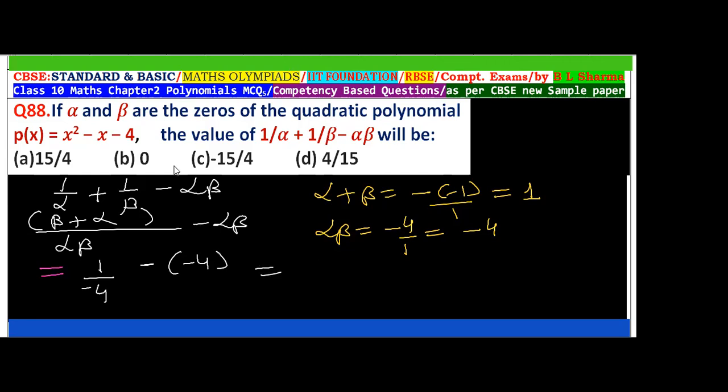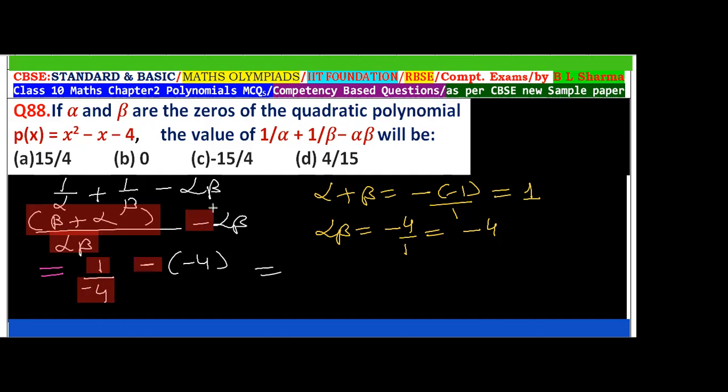See here, alpha plus beta. In place of alpha plus beta, I have written 1. In place of alpha into beta, I have written -4. In place of negative, I have written negative here.